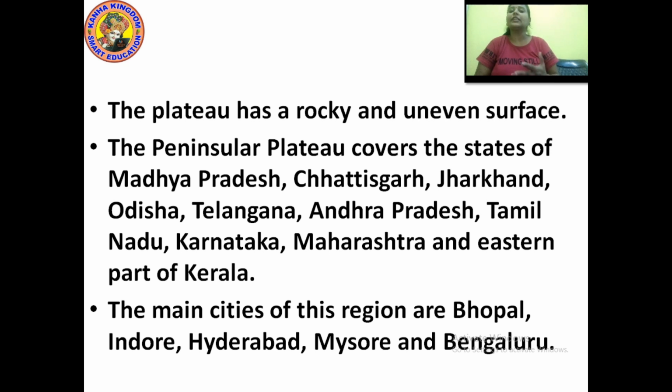And what are the states which come in the peninsular plateau? You will write Madhya Pradesh, Chhattisgarh, Jharkhand, Odisha, Telangana, Andhra Pradesh, Tamil Nadu, Karnataka, Maharashtra and eastern parts of Kerala.